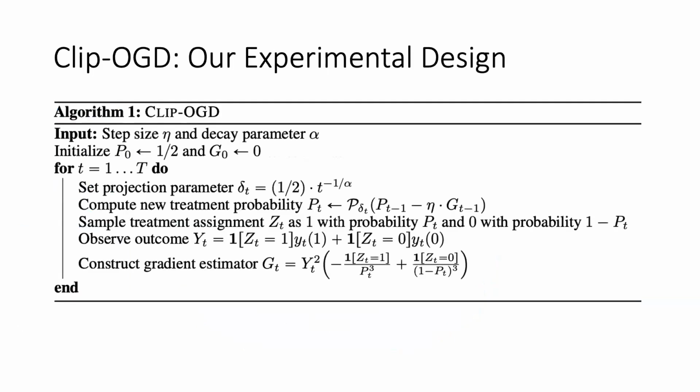So this is the algorithm. I just want to point out a few parts. There's two inputs: what's your step size and how fast does this interval grow? We're going to clip in this range, delta_t to 1 minus delta_t. Delta_t starts as 1/2 and it gets smaller over time according to this rate alpha. We'll talk about how to choose that in a little bit.